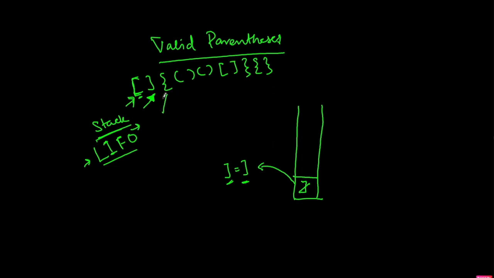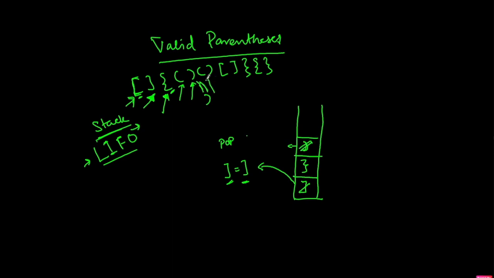Now we have an open parenthesis, so we'll push the corresponding close parenthesis. Now we find an open bracket, so we'll push the corresponding close one. Now we found a close bracket, so it's time to pop. The top element is this close bracket, so we'll match if it equals the one which is popped. These two are equal, so this is popped.